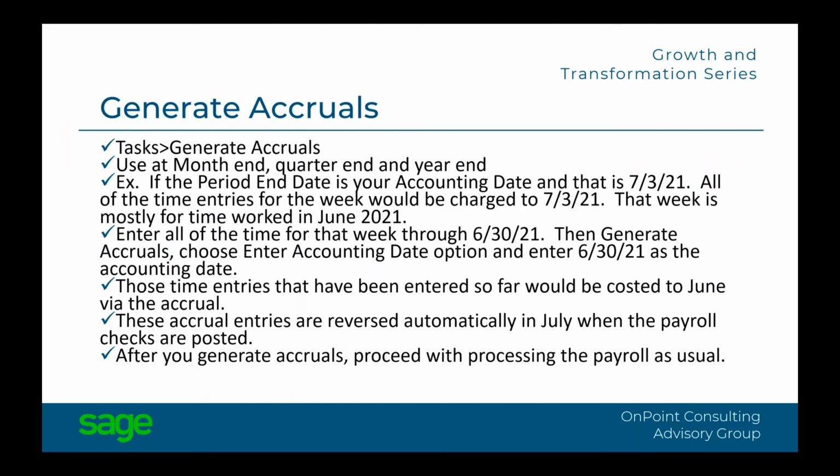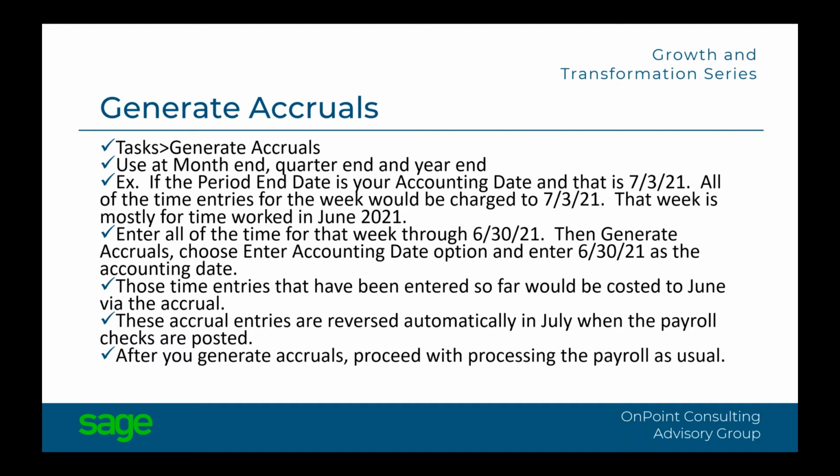So what you would do with Generate Accruals, when you have entered all of the time for that July 3rd week, you specifically only want to enter the time that was work done through June 30, with no July dates in there.